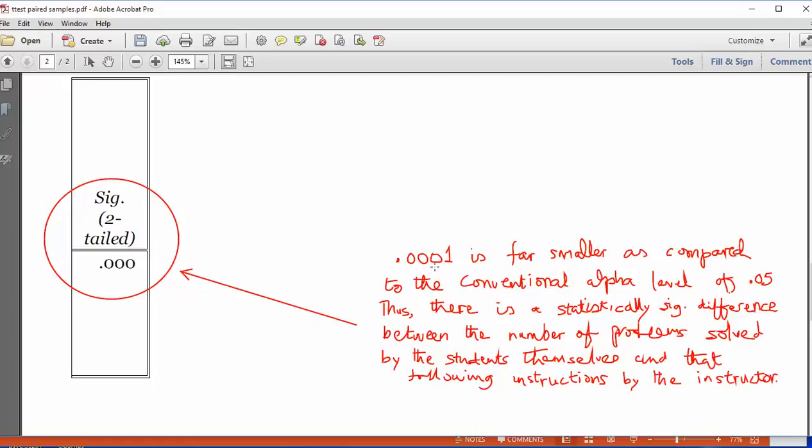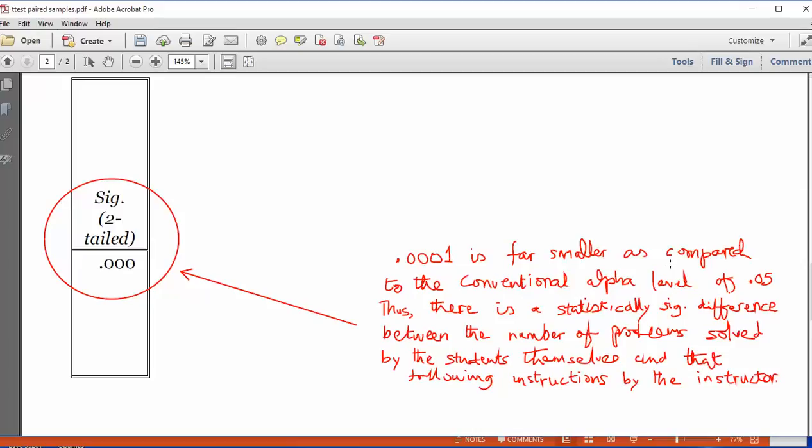This 0.0001 is far smaller as compared to the conventional alpha level of 0.05, telling you that there is a statistically significant difference between the number of problems that these individuals solved on their own and the number they solved following instructions by their instructor.